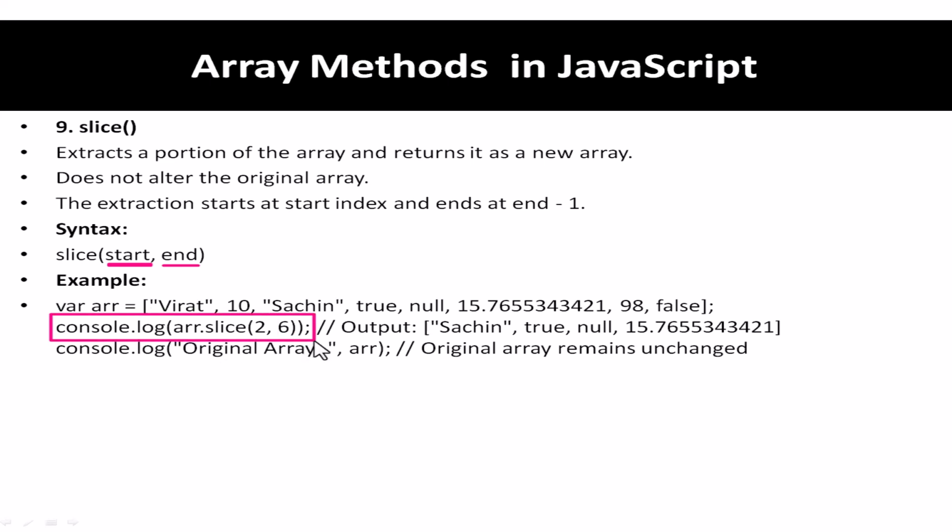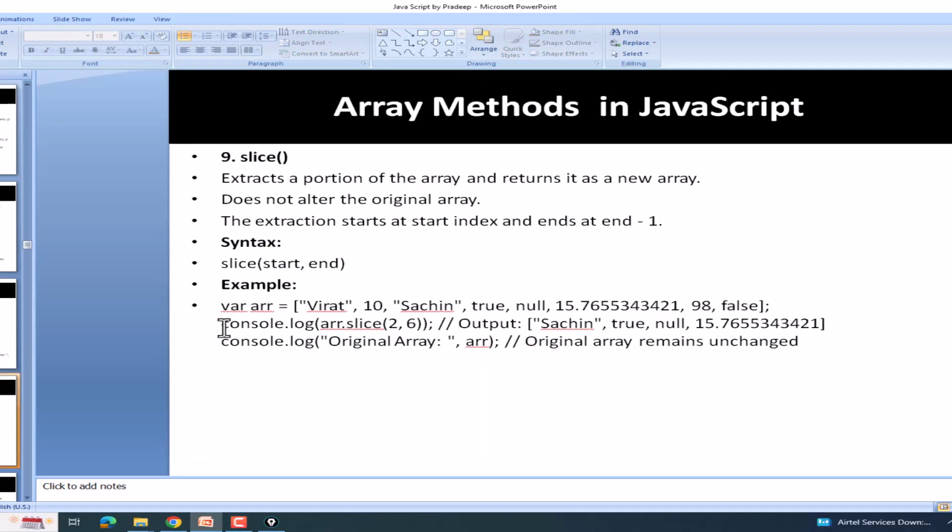Now I am going to slice 2, 6. So from 2 to 6, it is going to take the values of the array. So you specify from where to where you want to slice the array.